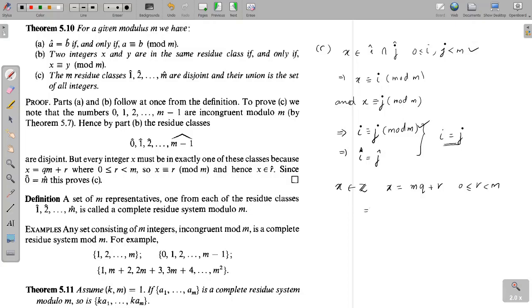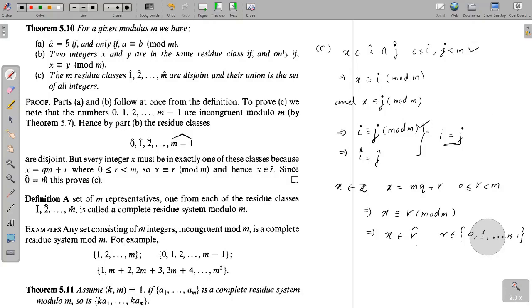Okay, so this shows that x is congruent to r mod m, which implies x belongs to r cap, where we know that r belongs to 0, 1, 2, 3, etc., m minus 1.